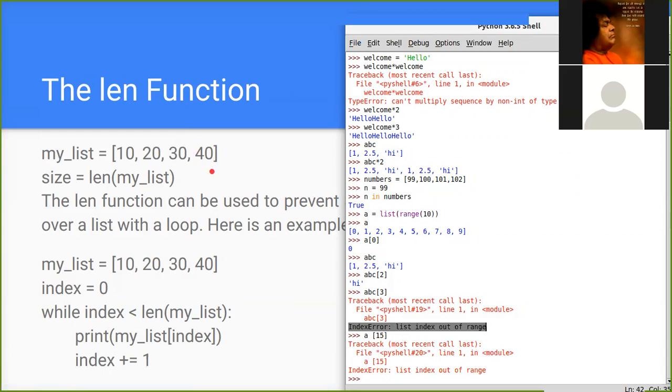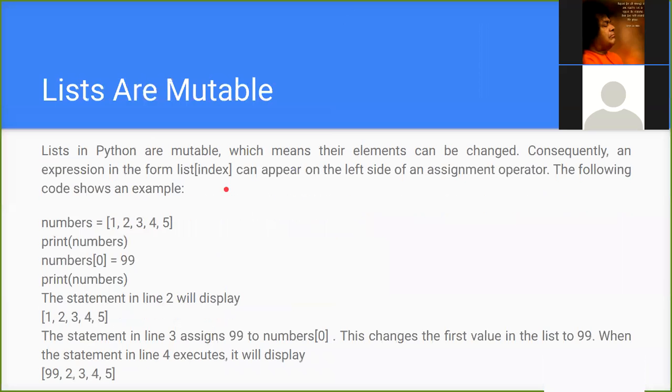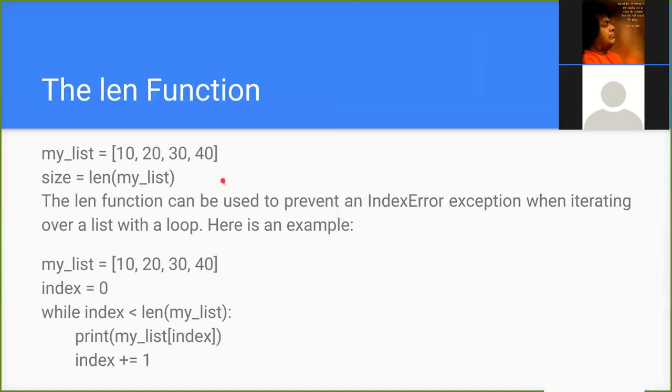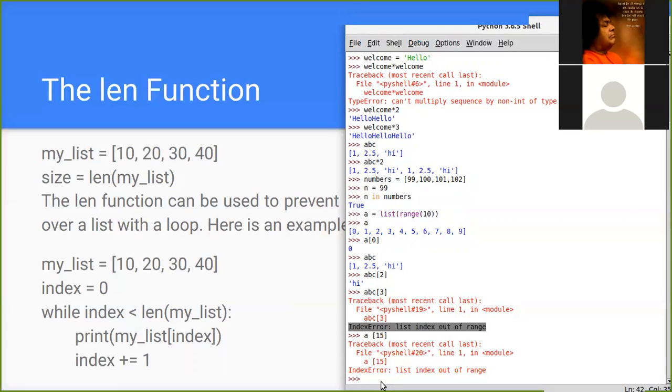So in order to avoid such kinds of errors, what I need to do is know the length of my list. If I know the length of my list, then I know my boundaries. Then I will not venture out of my boundaries. So for this reason, I will be using the concept of length. So let's see.